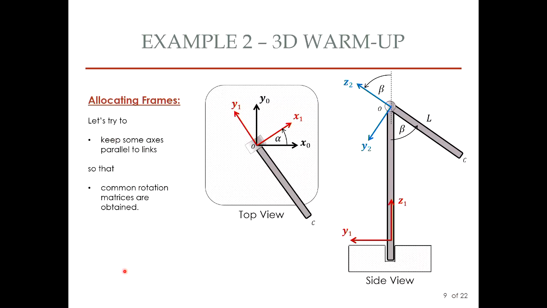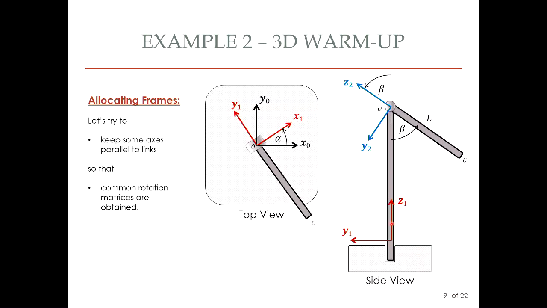Also according to these guidelines, I'm having my Z2 axis along the wing, or just pointing the other direction, and my X2, which is not drawn, X2 is along the joint axis, which will be convenient. So X2 is the axis of rotation, and the rotation is by beta.